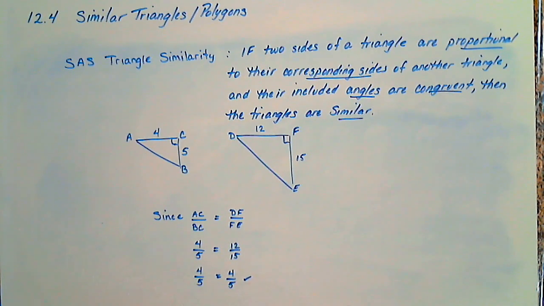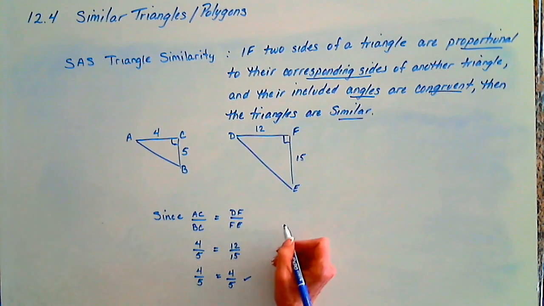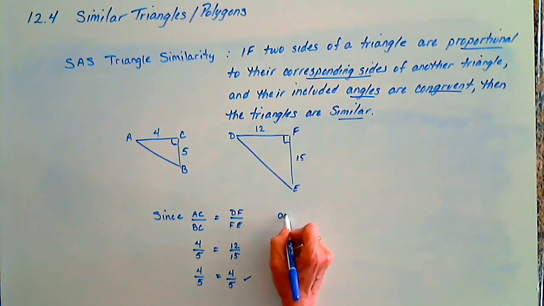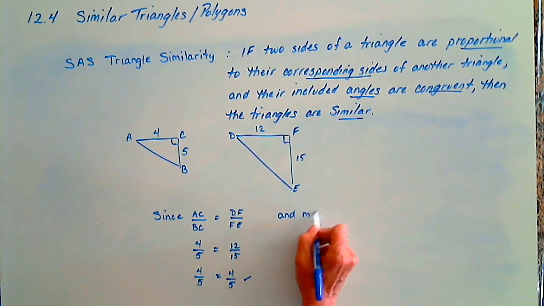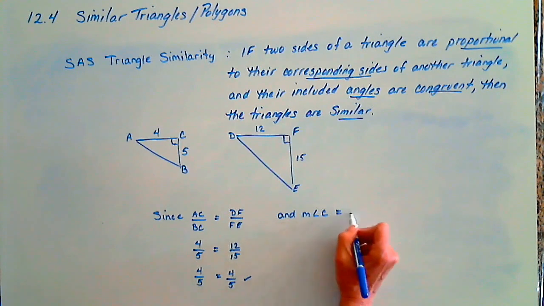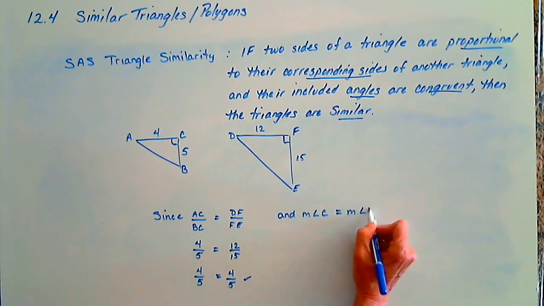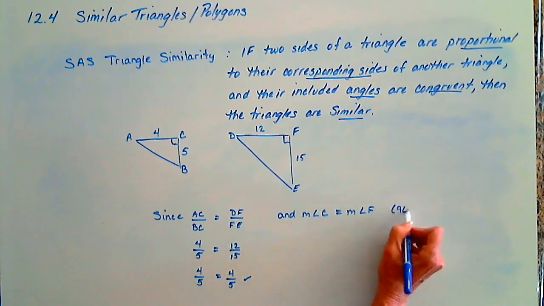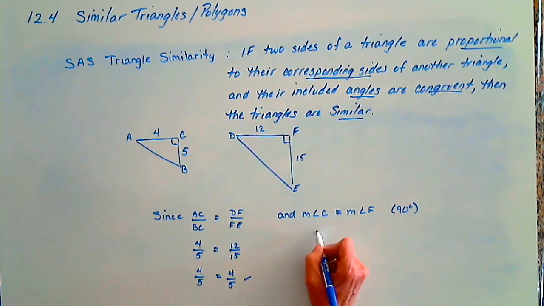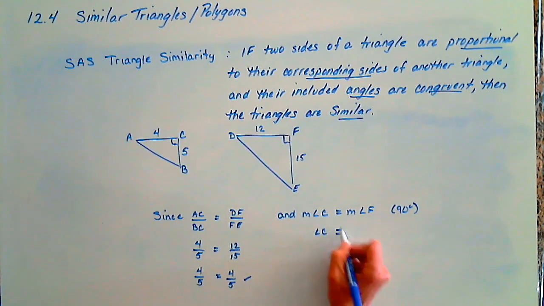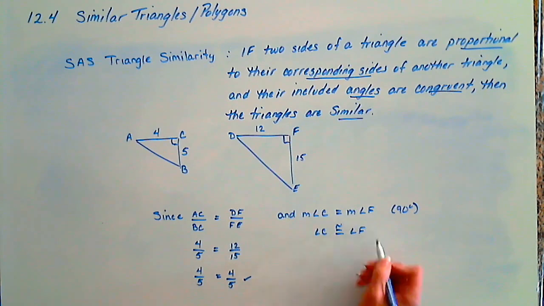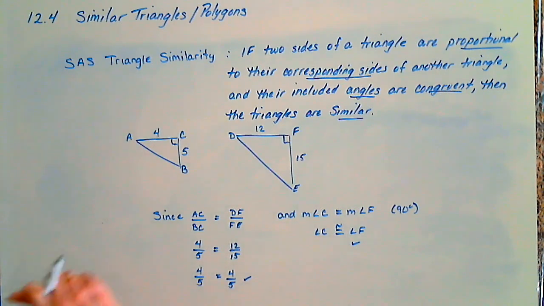So that works. But now that we know their sides are proportional, we also have to show that the angle is congruent. The measure of angle C is the same as the measure of angle F, they're both 90 degrees, so we can say that angle C is congruent to angle F. So now both situations are satisfied.